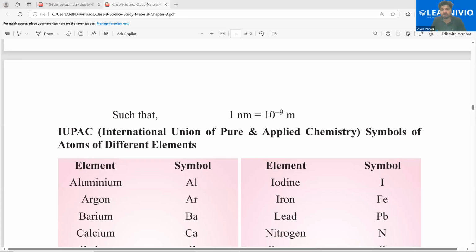Hanan, what is the law of definite proportion? Law of definite proportion. Okay.